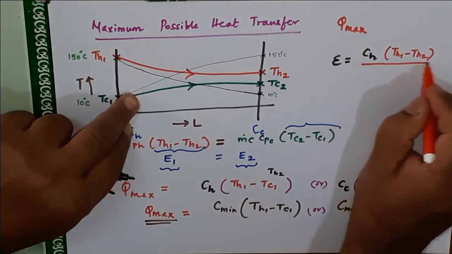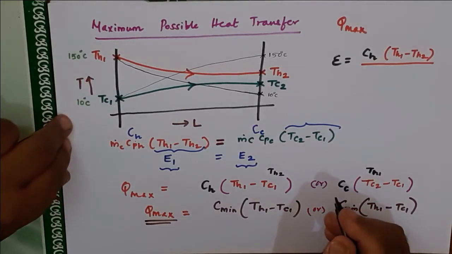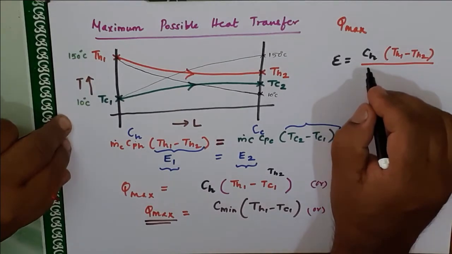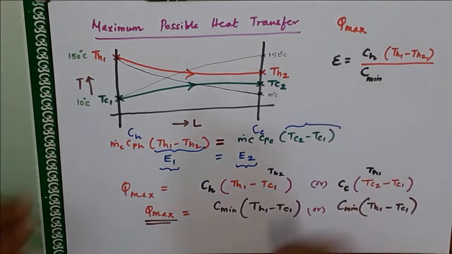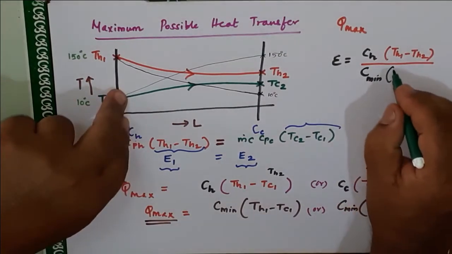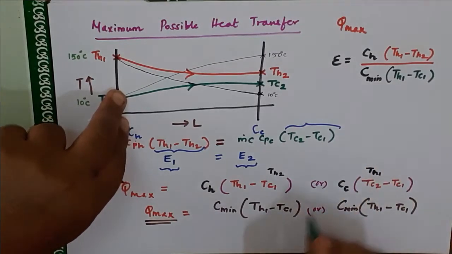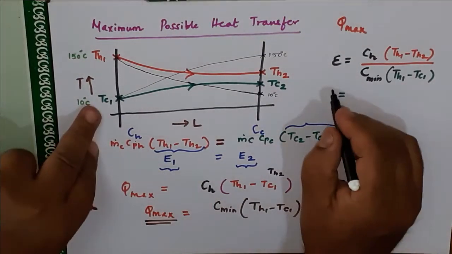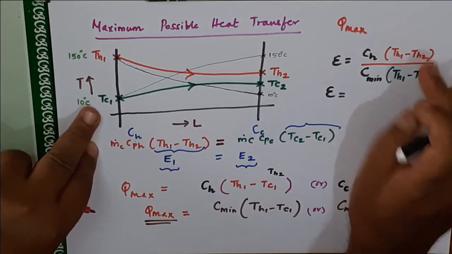Now, whether it is the hot fluid or the cold fluid that undergoes the maximum heat transfer, the maximum heat transfer rate can be written as Q minimum into, always, TH1 minus TC1. The effectiveness can be written by the energy balance: energy lost by the hot fluid is equal to energy gained by the cold fluid.